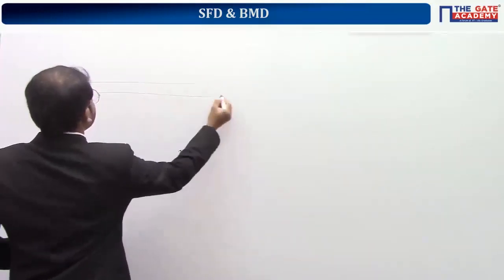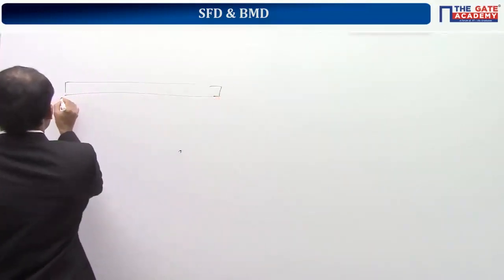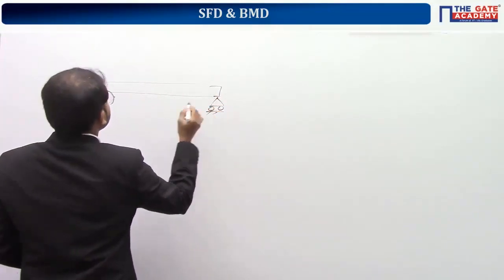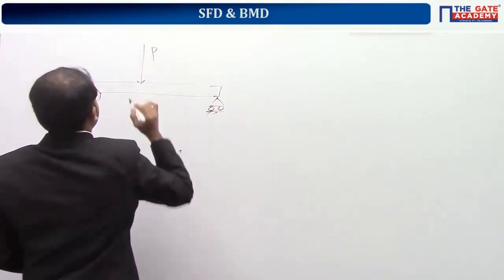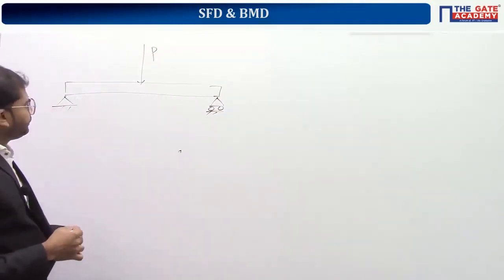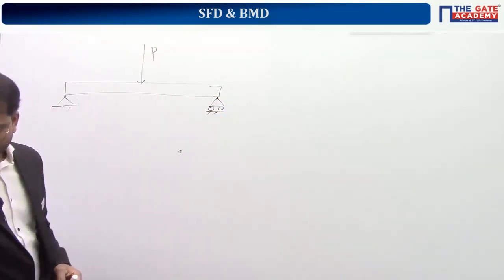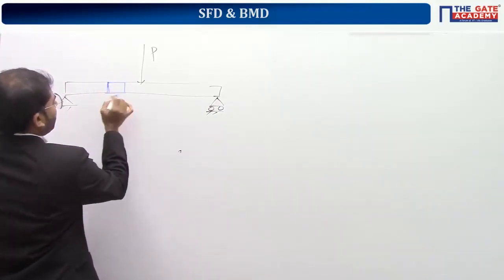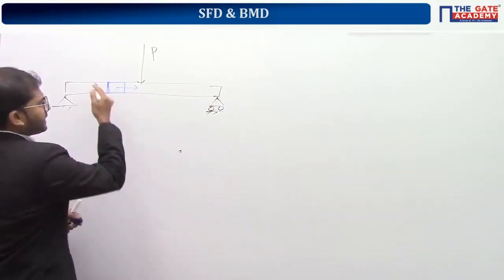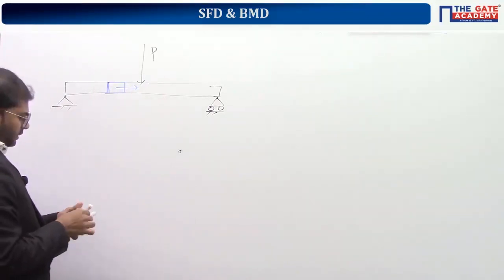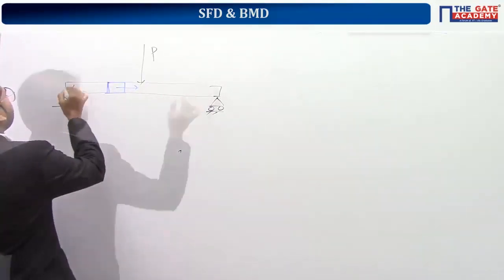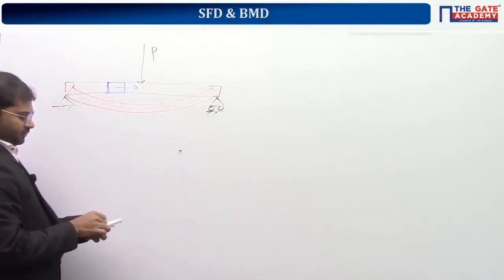It is easy to understand. Look here, because here we are talking about rotation. The load P is acting at the center. Before application of load, the member is here, horizontally like this. I'm taking one part of the length of the beam. Now due to the application of load, bending will happen and the member became like this.